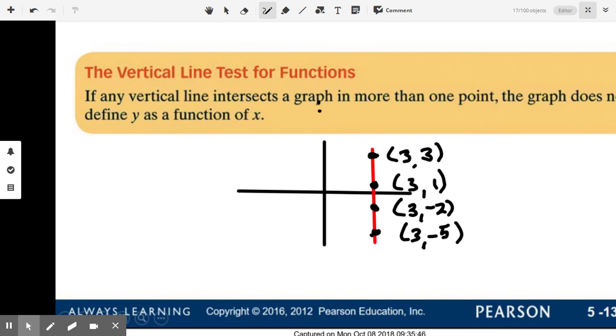Therefore, the vertical line test says if I take a vertical line and run it across the graph, at no point does it ever have more than 1 point touching it at a time. Notice this particular vertical line is touching all 4 of those points, so this does not represent a function. Once this vertical line touches my graphed area in more than one spot at any moment in time, it is no longer a function.